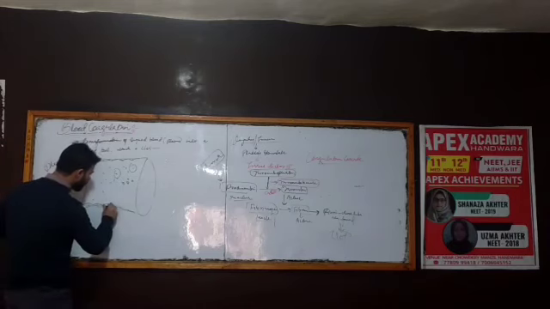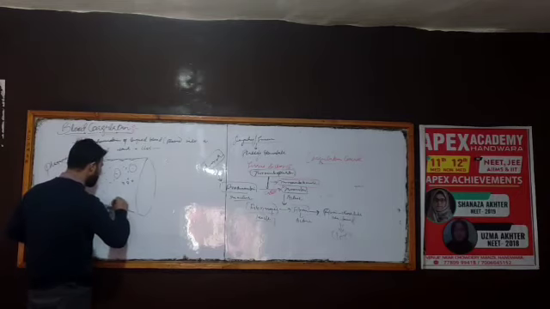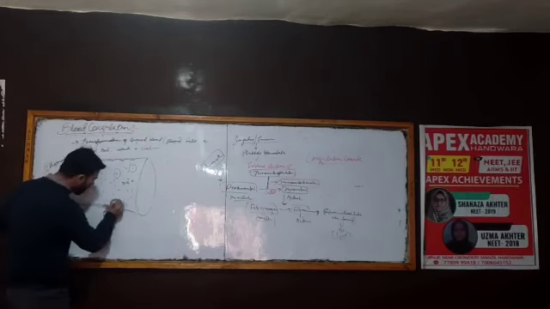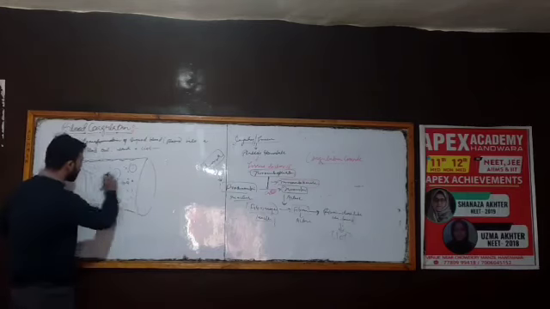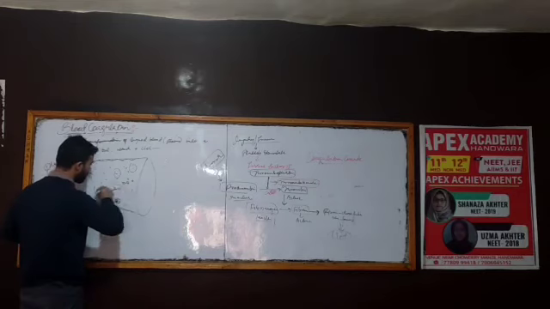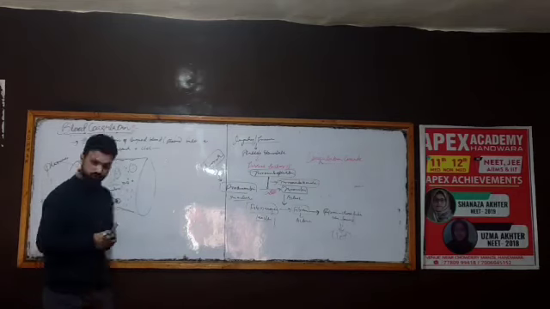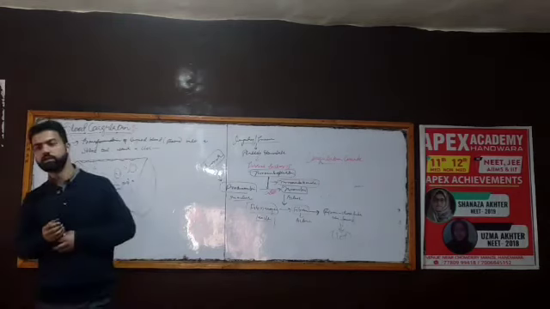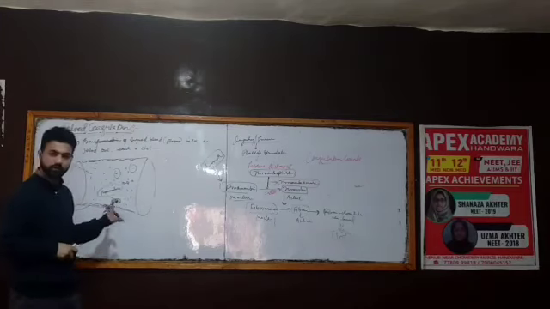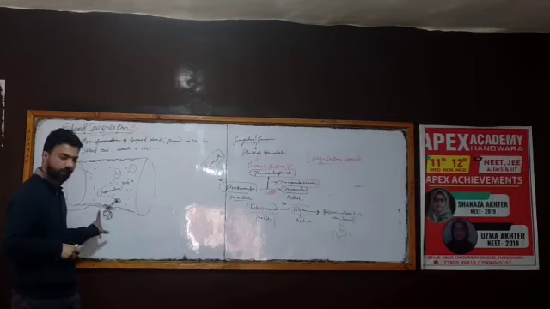Sometimes a part of the clot is diffused into the blood, and that part of clot is called thrombus. This thrombus is a very dangerous substance that is formed during the process of clot formation, right?